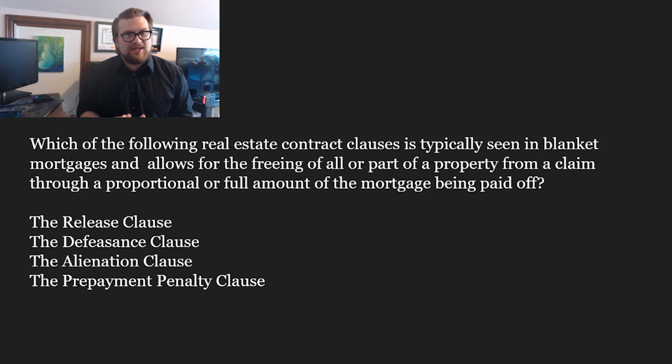And the way we do it is we pause if you want to read it over. If not, I just kind of jump right into the answer. So for this one, the answer is the release clause. So obviously we talked about this before. The release clause is a contract provision, typically in a blanket mortgage, that allows for the freeing of all property through proportional or full amount of mortgage being paid off.